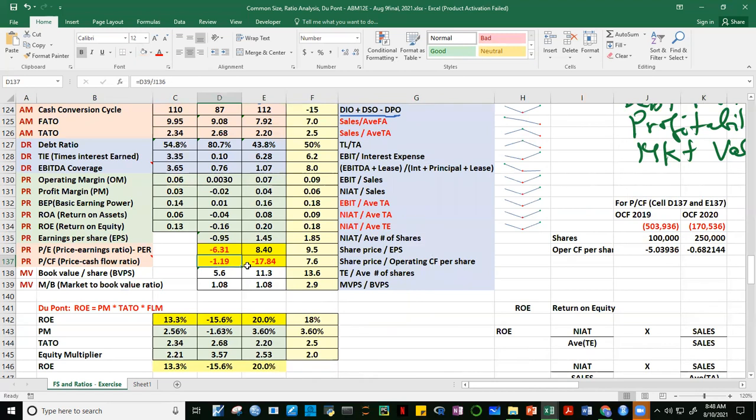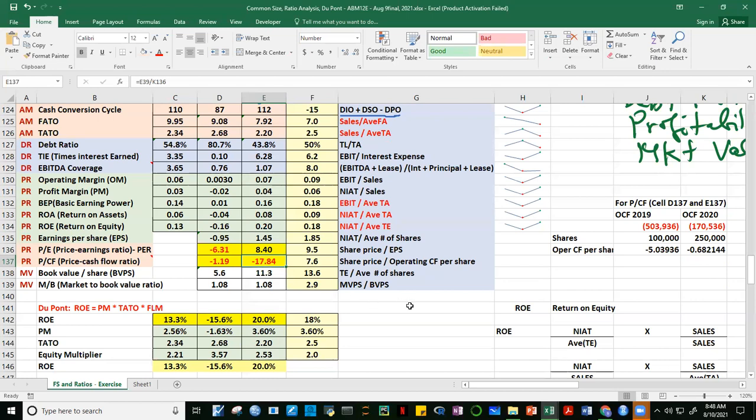Okay, so this one, guys, we cannot interpret kasi negative sila. So itong price multiples, guys, sabi natin, na-interpret lang natin yan kung positive yung values. Okay, again, assume, guys, na positive, no? Ano ibig sabihin ng 17.84?